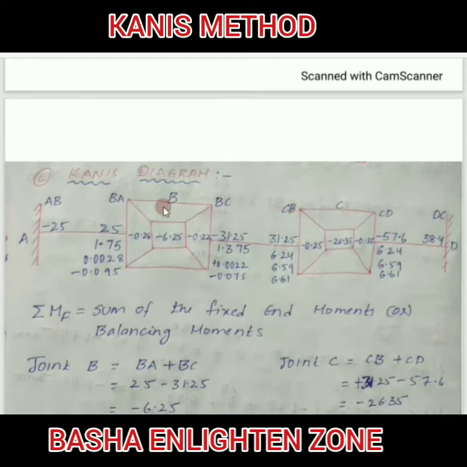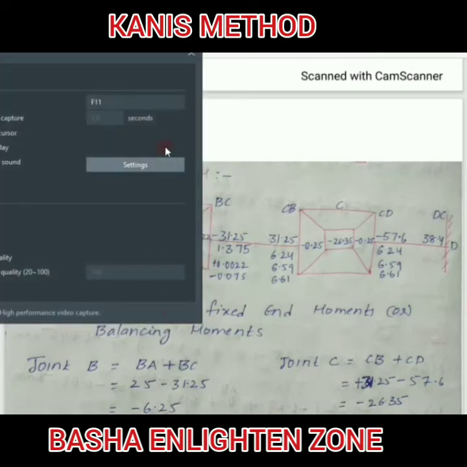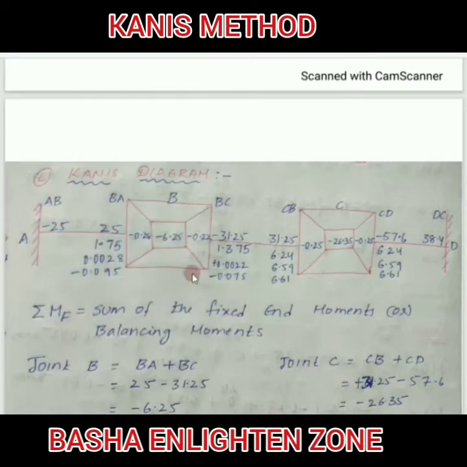Why? Because you always consider that for B the connecting members will be BC or CB. For B the connecting members will be AB or BA. That is the reason we always consider the connecting rotation moments. Similarly, for C, BC and DC are the forends.